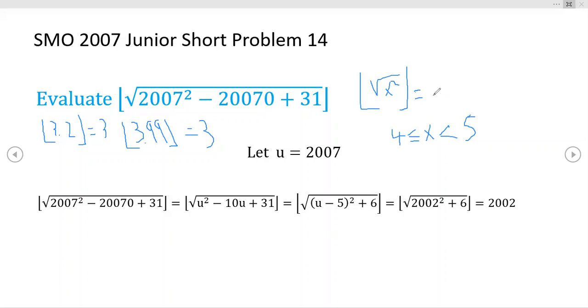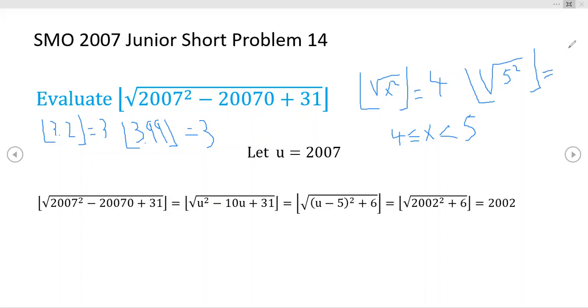For this particular case, the floor would be 4. If you substituted 4 in there, you get 16, but the square root of 16 is just 4. So the floor of an integer is the integer. The only time this would change would be if you made it the floor of the square root of 5 squared, which is definitely equal to 5.